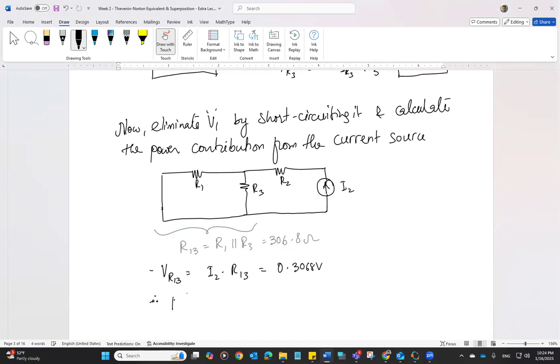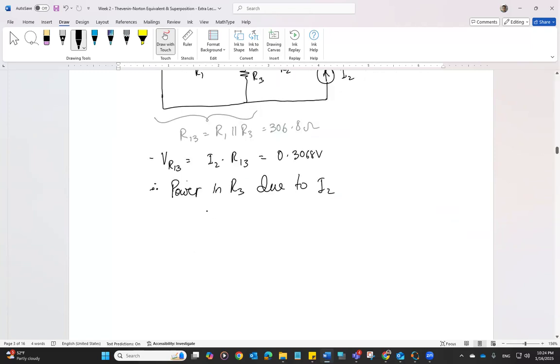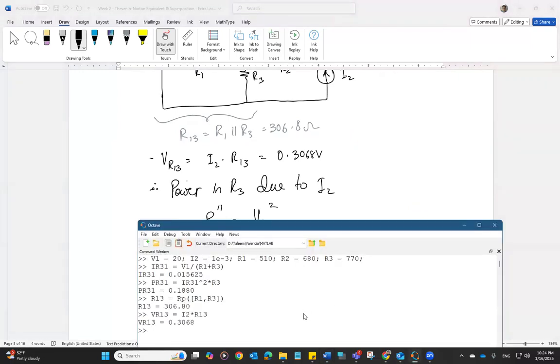Therefore, the power dissipated in R3 due to I2, we can use V square over R. PR3 double prime is VR13 square over R3, because the voltage across R3 is going to be VR13, and across R1 it is going to be the same.